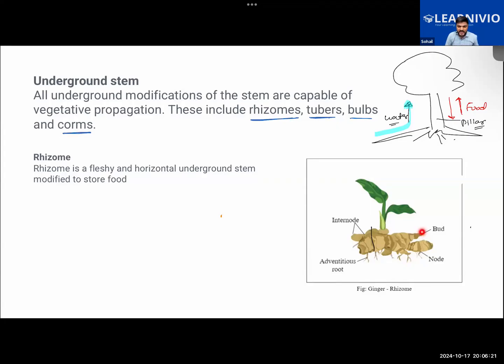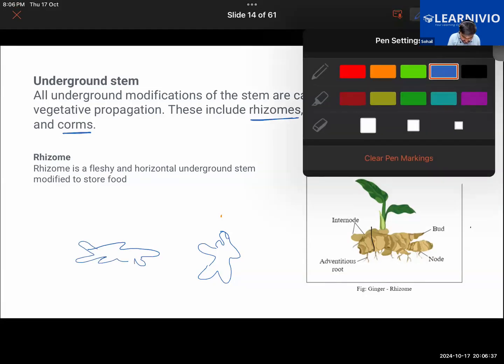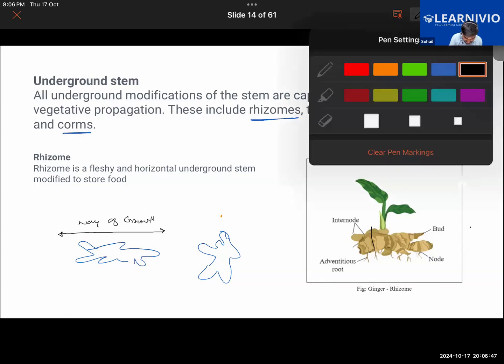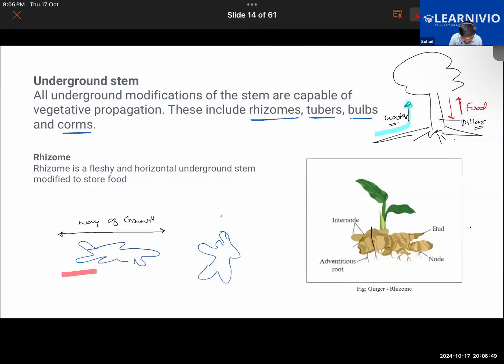Whenever we look at the ginger plant, you will never find that it will be growing like this. You will not find that it will be growing kind of like this. Getting now? It always grows in this manner. Okay. It always grows in the parallel manner. I hope you guys are able to understand what I'm saying. So this is the way of growth of the ginger, and this is basically our ground. So it is parallel to the ground.